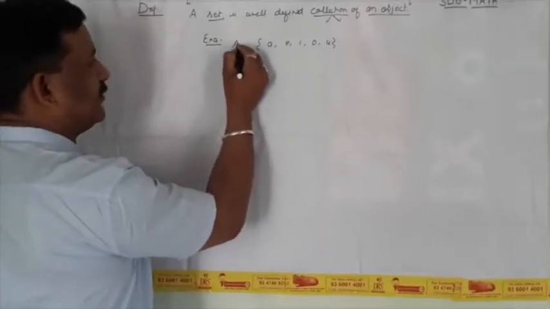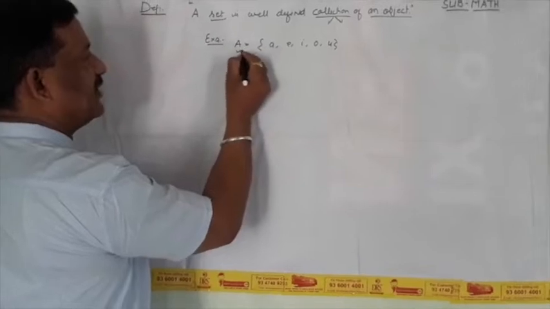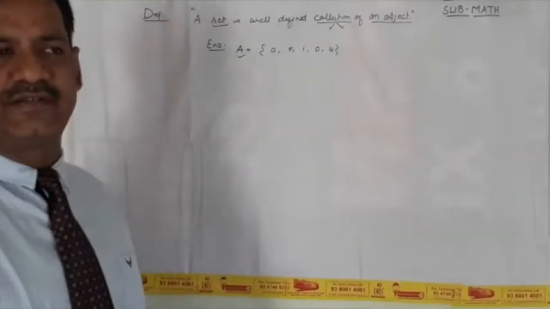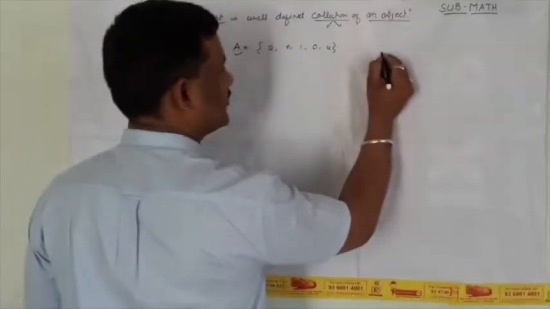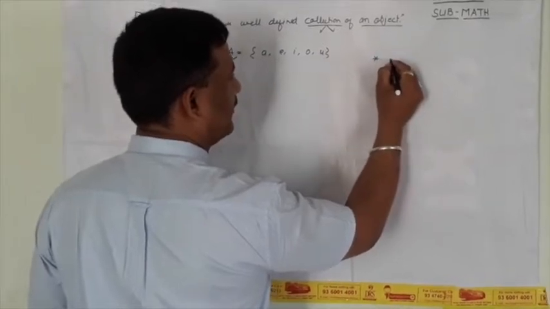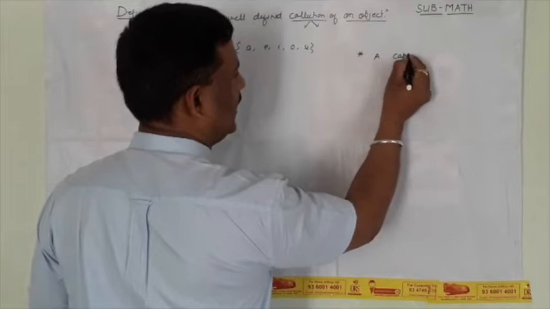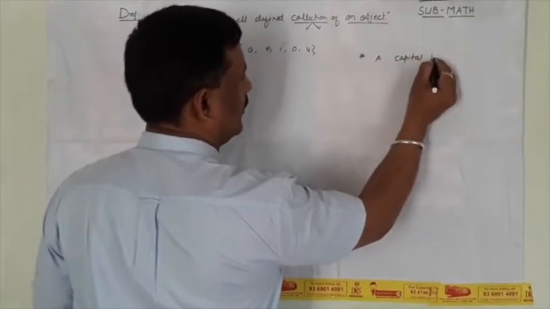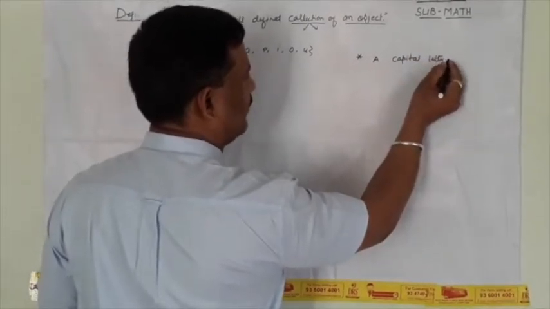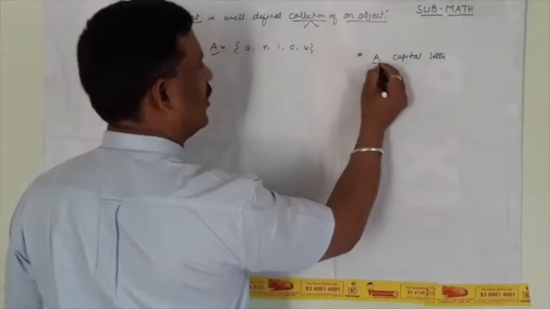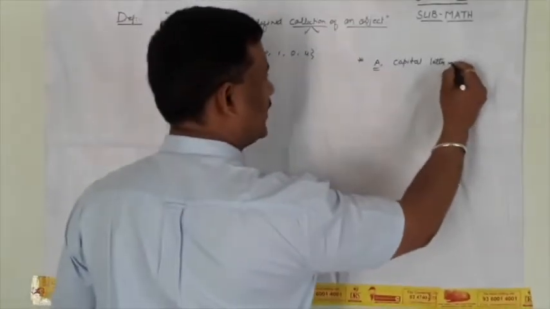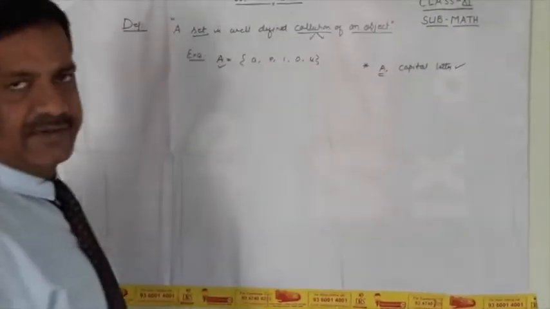First of all, we have to note point number 1: a set is always denoted by a capital letter. The letter may be A, B or C, as you wish. First of all, use a capital letter to denote the set.